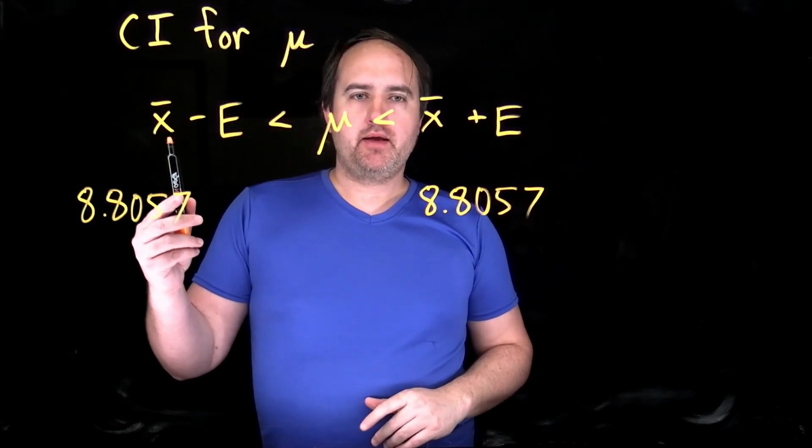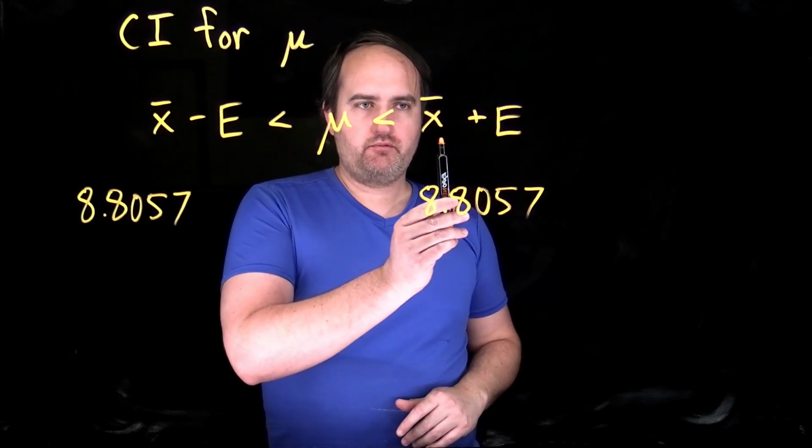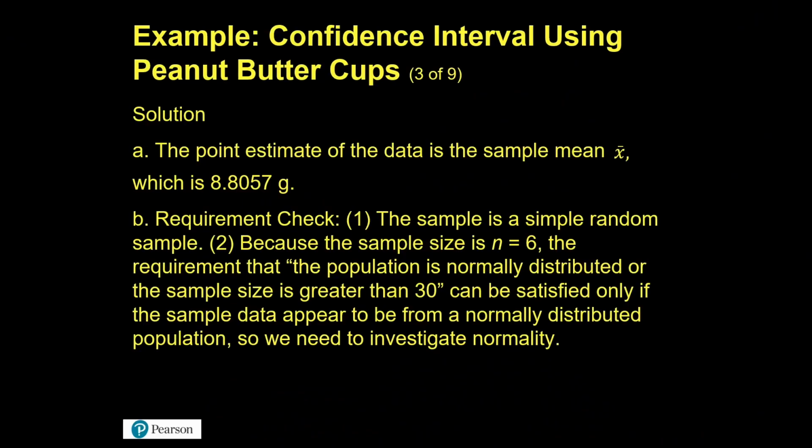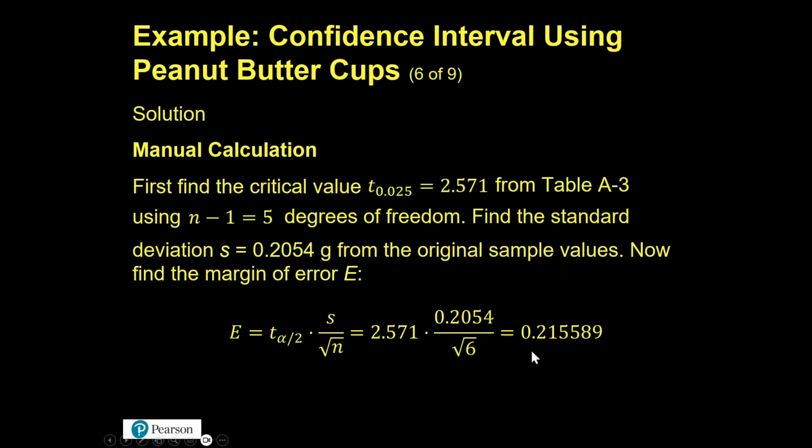Okay, so we plugged in x bar for here and here, and then we need to plug in E. Returning to the slides, we said E was this down here, 0.21559, or 0.215589 if you want to write one more digit. So we're going to have minus 0.21559, and plus 0.21559.